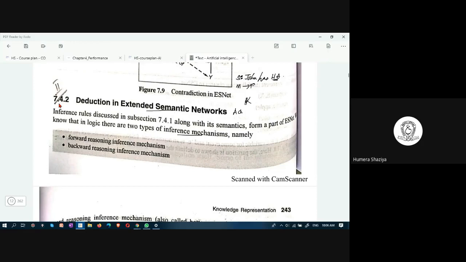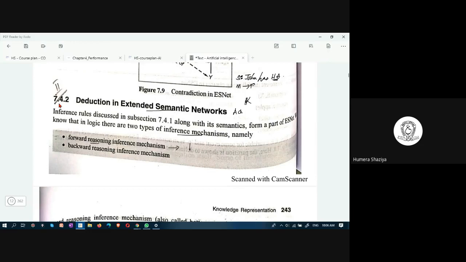John has a headache, so he has not woken up. From these two existing statements, when some other new statement is derived, this is forward reasoning inference.